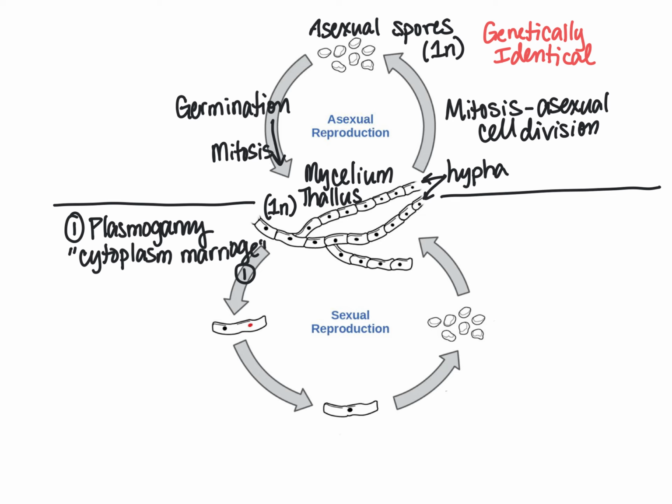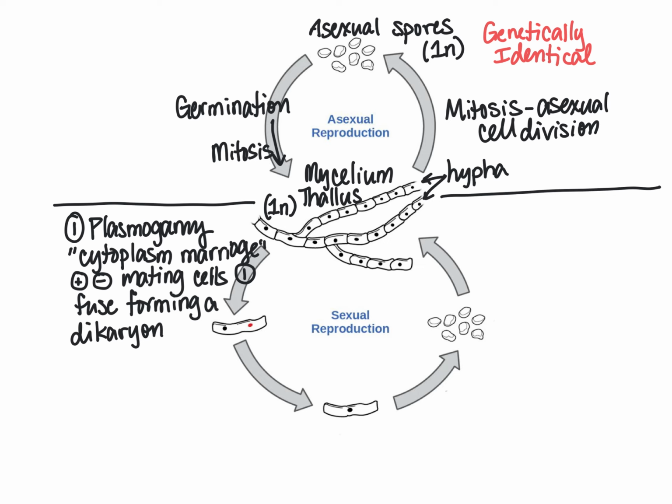During plasmogamy, a positive mating type cell fuses with a negative mating type cell. And this forms a dikaryon, which can also be referred to as a heterokaryotic cell.